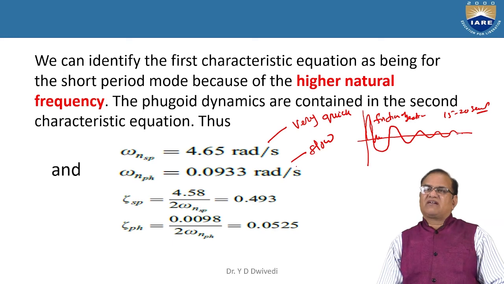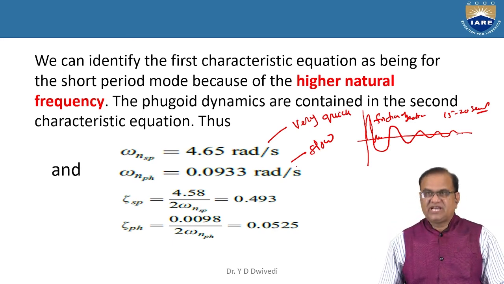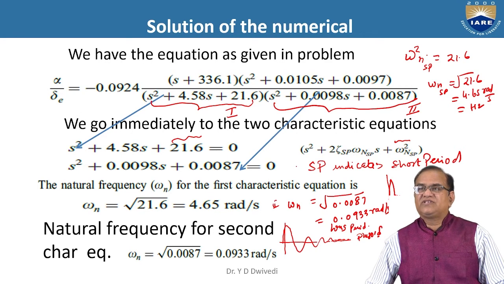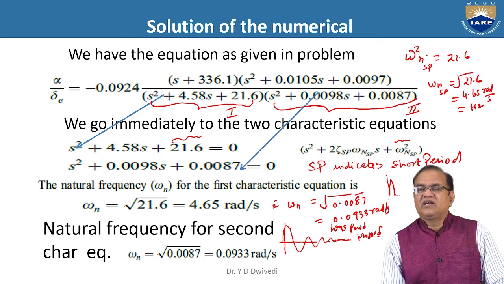Now if we compare the zeta, if you see here, 2 zeta short period omega n is equal to 4.58 and 2 zeta phugoid omega n is equal to 0.0098.